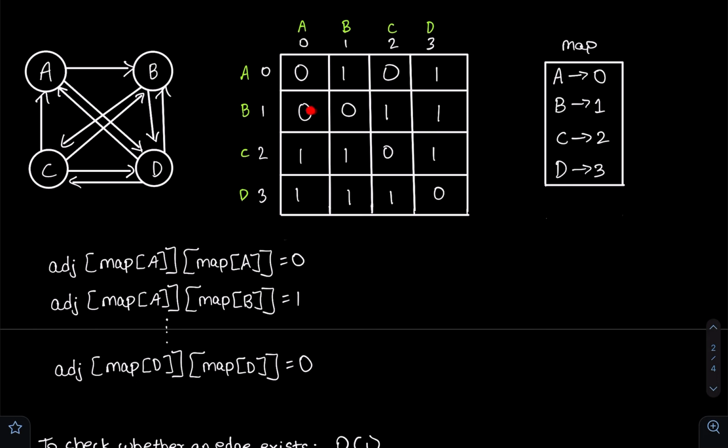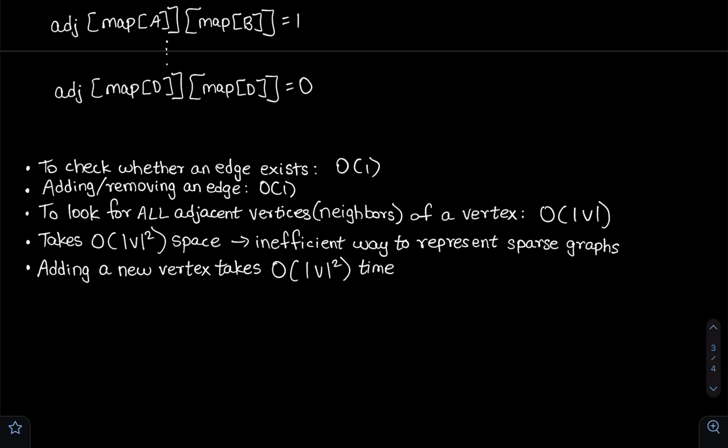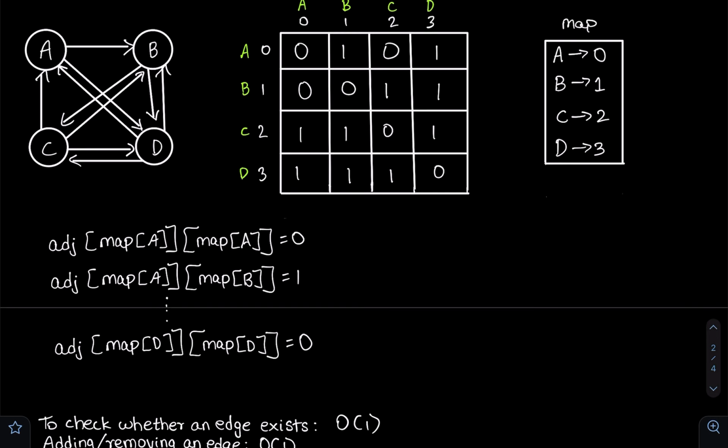If you want to check all the possible adjacent vertices of B, you have to go from left to right, and you would have traversed all the columns. So that's going to take big O of the cardinality of set V time, which is nothing but big O of the number of vertices time.